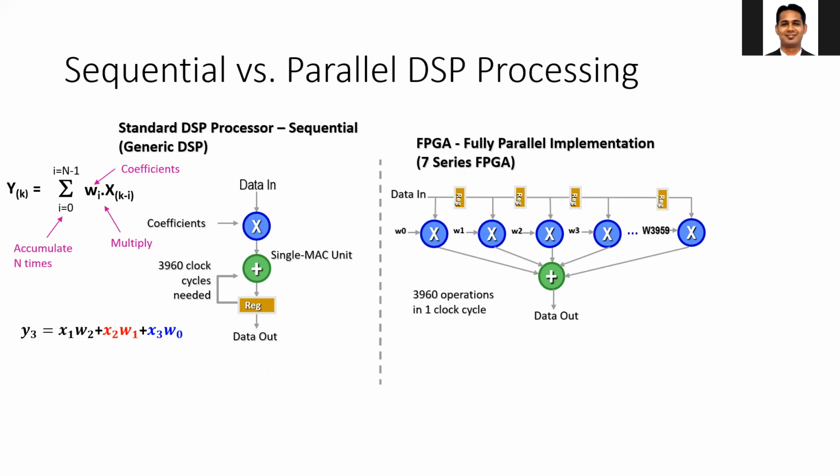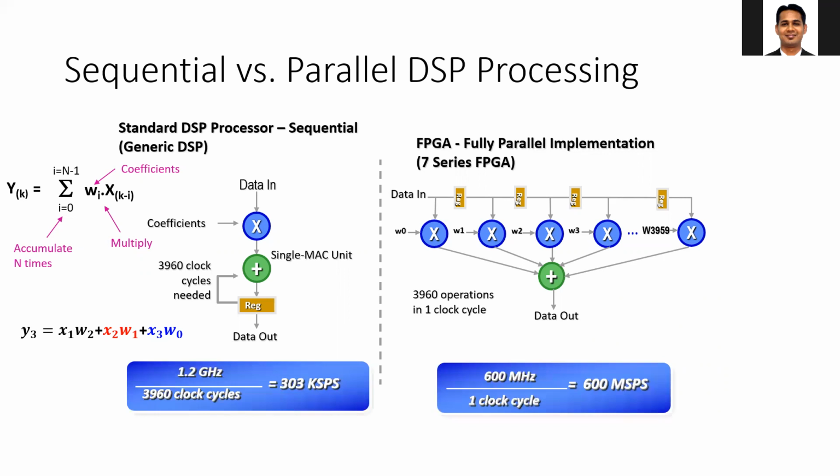So if you have a processor with, say, a 1.2 gigahertz frequency, and this MAC operation takes 3960 clock cycles, you get a throughput of 300 kilo samples per second. On the other hand, you have the FPGA, which is usually much slower, say a 600 megahertz clock frequency, but it takes only one clock cycle to perform the 3960 MAC operations.